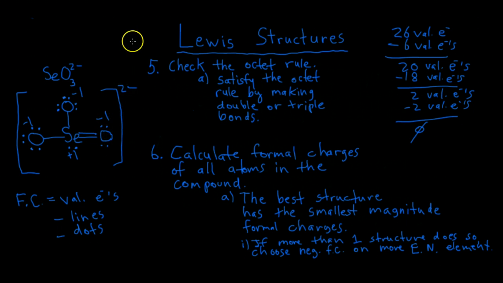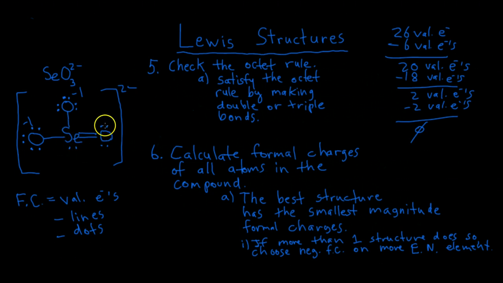Now oxygen here has 6 valence electrons minus 2 lines, 4 dots, which is a 0 formal charge. Selenium, 6 valence electrons, minus 4 lines and 2 dots is 0.